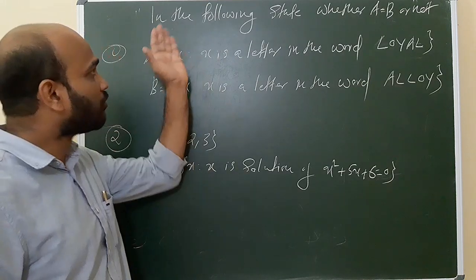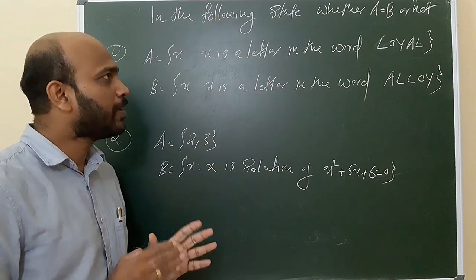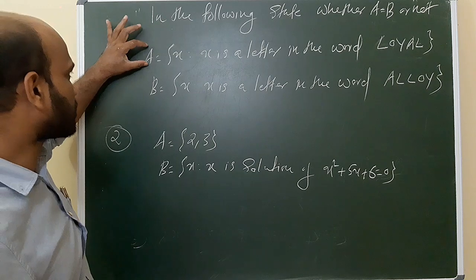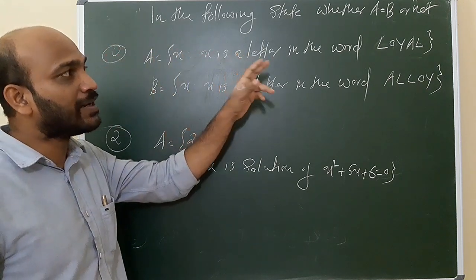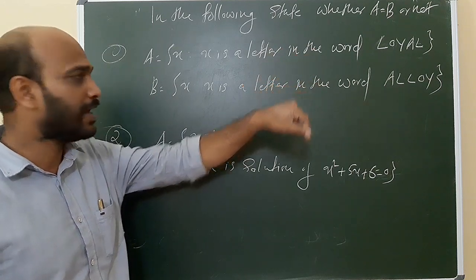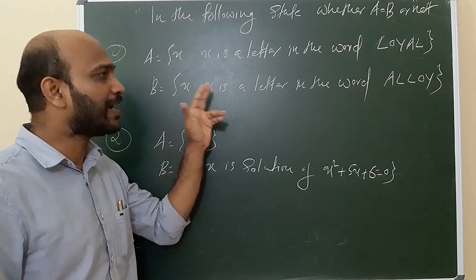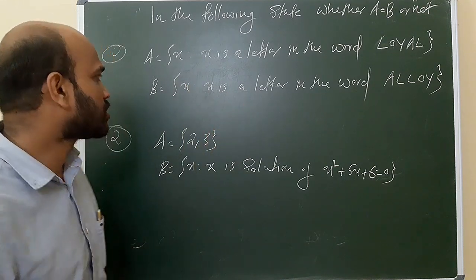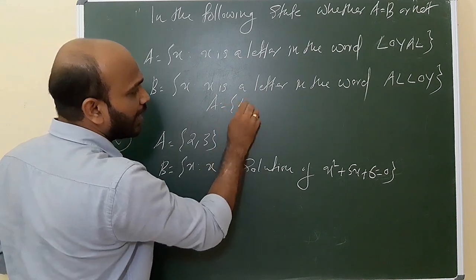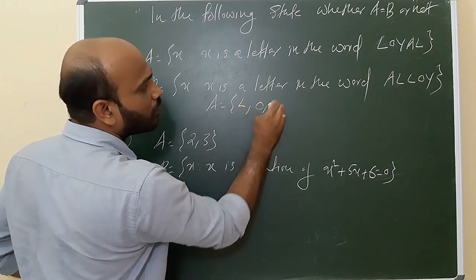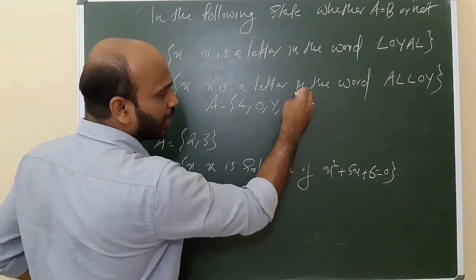Another question. In the following, state whether A equal to B or not. First one is A equal to the set of all x where x is a letter in the word loyal, and second one is B, the set of all x such that x is a letter in the word alloy. First we can write A in roster form: L, O, Y, A. We cannot write L two times.